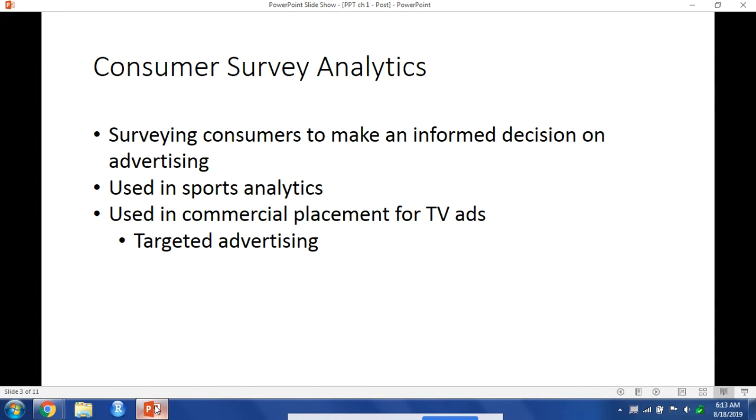And that works out better for everyone, because if somebody doesn't generally buy Hyundais, then showing them an ad for that is a waste of NBC's time, your time, and Hyundai's time. So there are positive and negative effects to targeted advertising, but business analytics and data science are really helping that field move along.